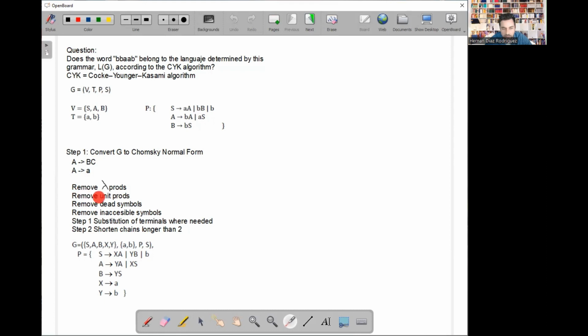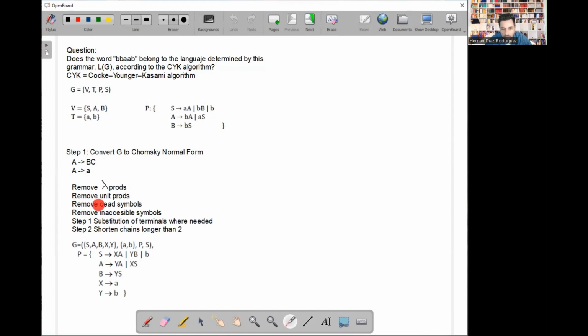If we go to the second step, remove unit productions. A unit production is a production where a variable derives or produces a single variable. And in this case, as you can see, we don't have any unit production because all the productions produce a variable, a terminal and a variable, or a single terminal. So we don't have any unit production.